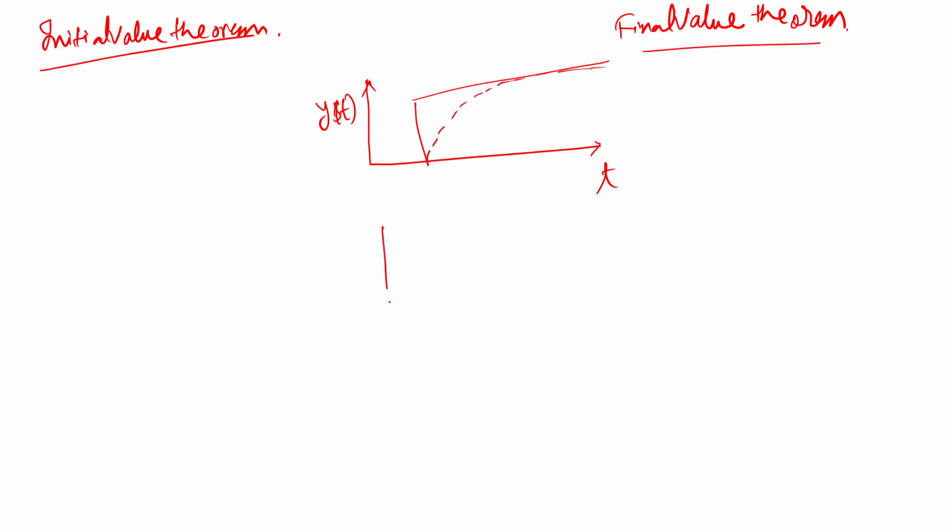If we consider a second order system, which we will cover in the next class, the response can be oscillating, with damped oscillations, and it will eventually converge to a fixed point. Over here we are providing this step change.